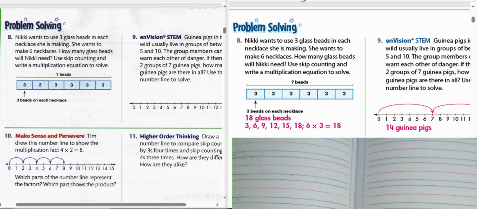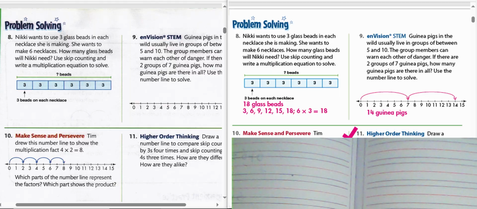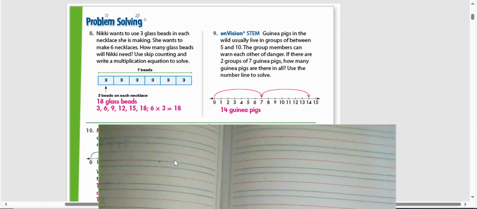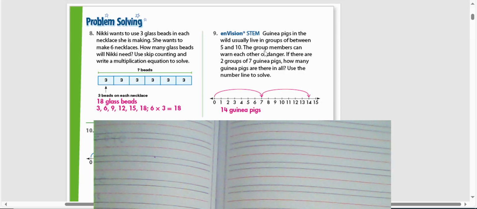Okay. Next question, number 9. Guinea pigs usually live in groups. The group members can warn each other of danger.